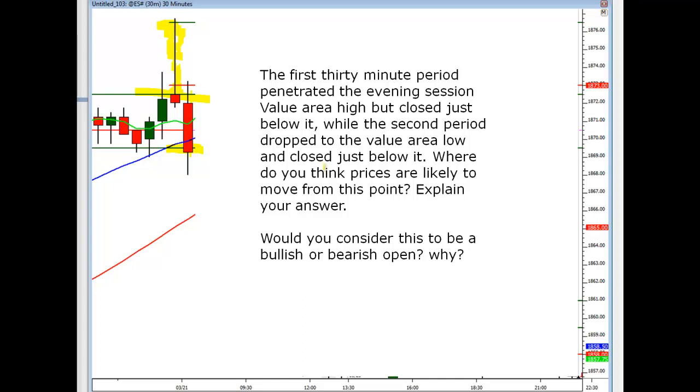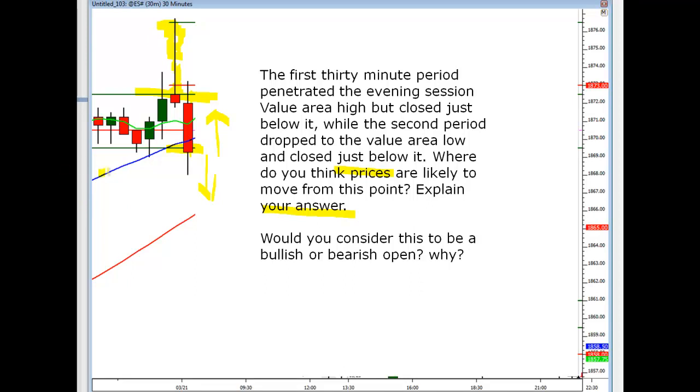Where do you think prices are likely to move from this point, and explain your answer? Well, would you expect prices to continue dropping, or would you expect them to come back up for another retest of this value area? Well, based on the information that we have before us, there are a couple of other interesting things that we should note.